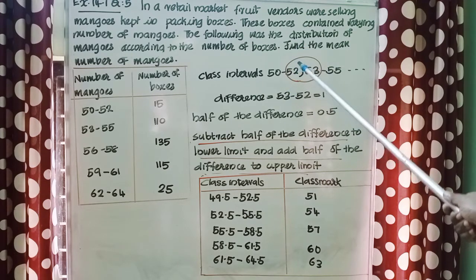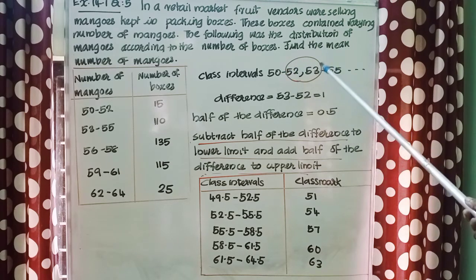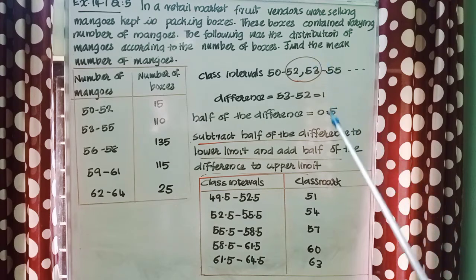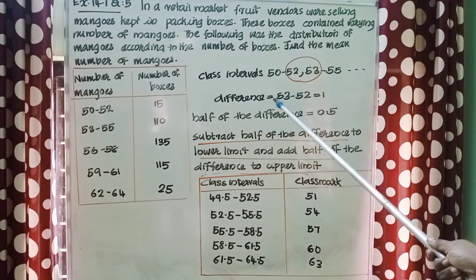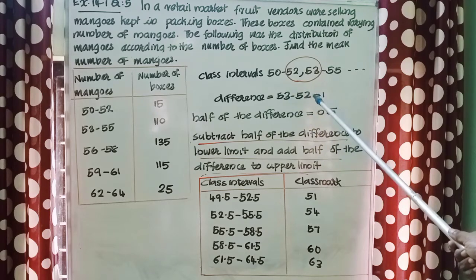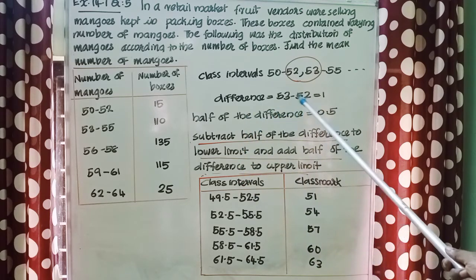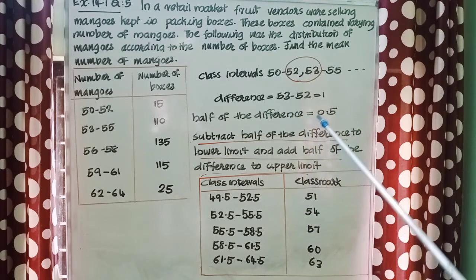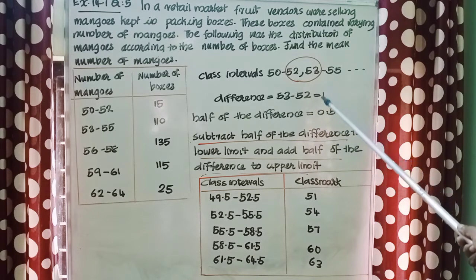First class interval upper limit is 52 and the second class interval lower limit is 53. So the difference between them is 53 minus 52, that is equal to 1. To make it continuous, first you find half of that difference. Here the difference is 1, half of the difference is 1 by 2, that is 0.5.